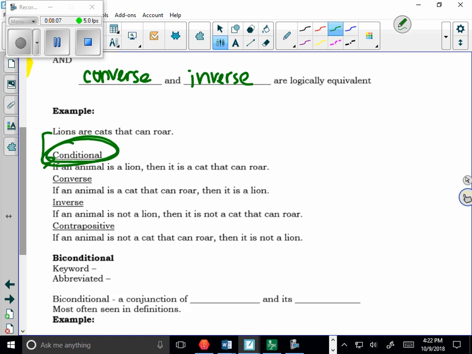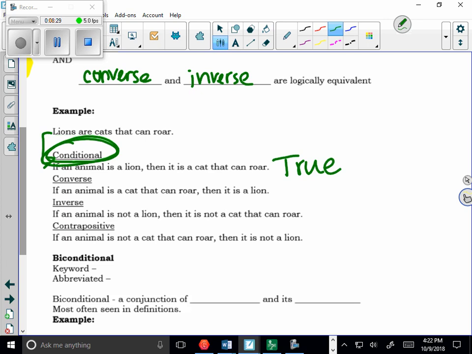These are easiest to think about in terms of what you are actually saying. So I'm saying I am an animal that's a lion, then it is a cat that can roar. That's true. Because I know that that's a quality that lions have. They're cats that can roar. So if I know something's a lion, then I know it's a cat that can roar.